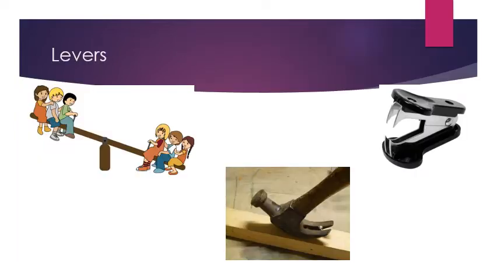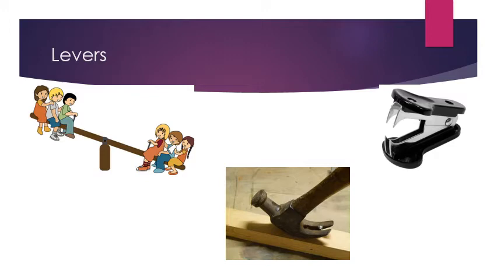I'm sure you have all seen these three pictures daily in your lives. As children, we have all been on the seesaw, and many times we have seen a nail being driven out of a piece of wood using a hammer.